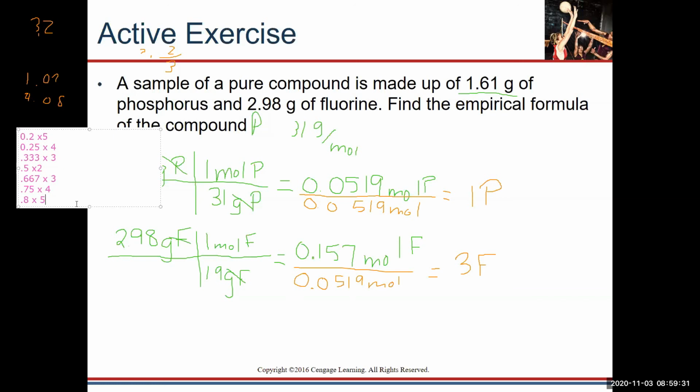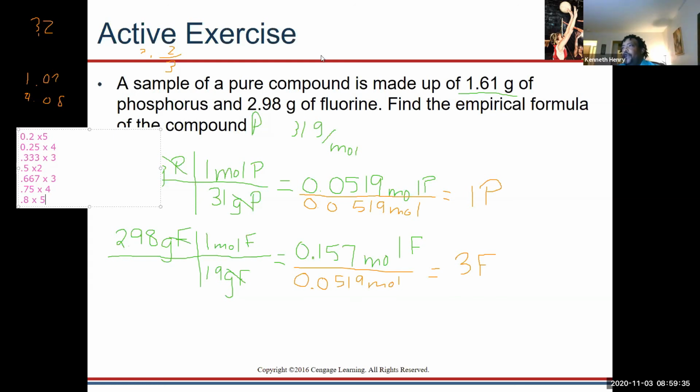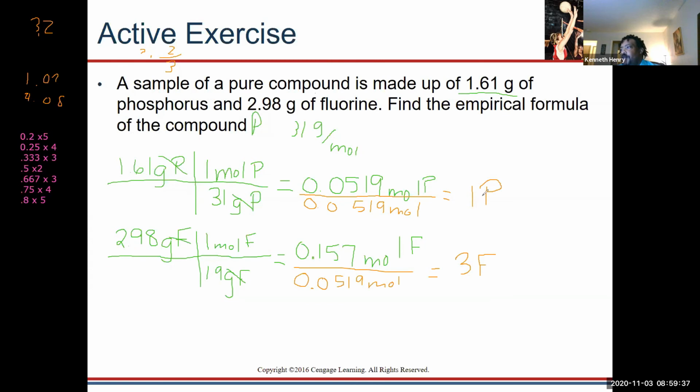So you guys are wondering what am I talking about? Let's say, instead of getting a perfect 1 here and a perfect 3 here, I got 3.25 for my F and I got 1 for my P. Just for kicks and giggles.